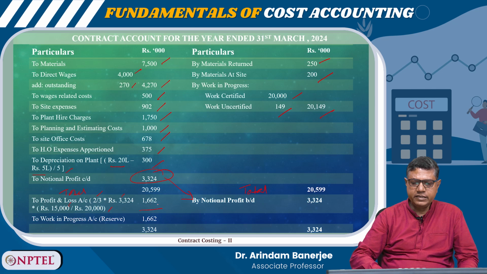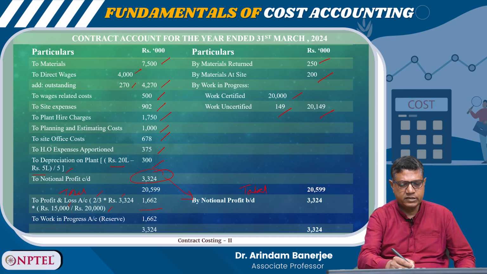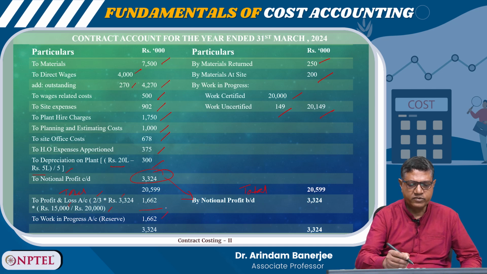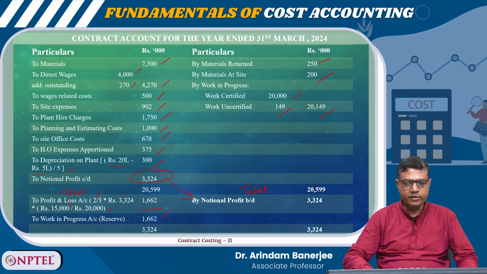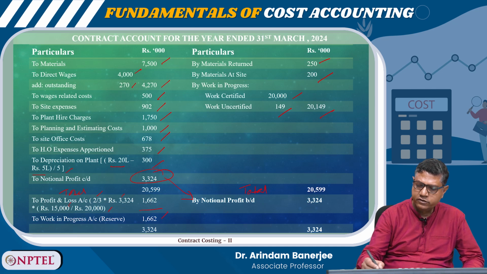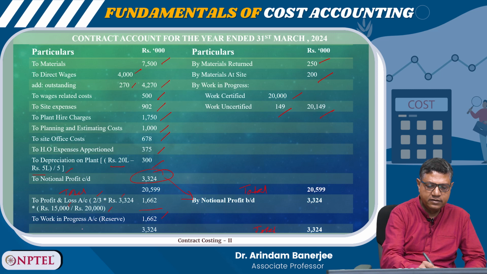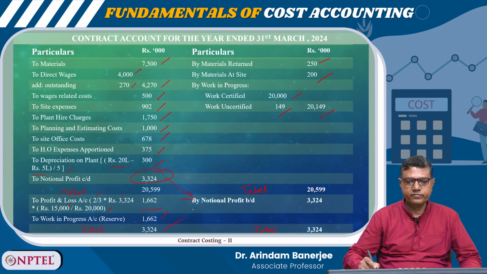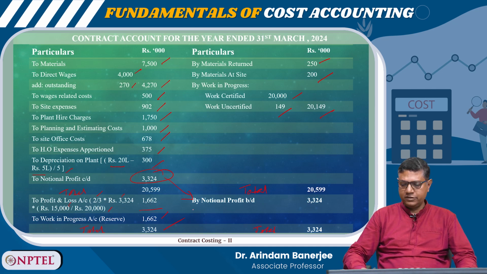So 1,662 is transferred to the profit and loss account. The balance 1,662 will remain in the work in progress account. And if I add the totals, both sides will be 3,324. So this was illustration 4.